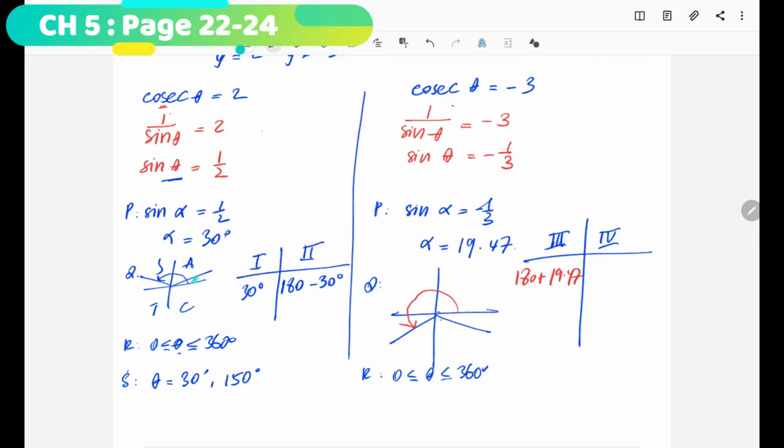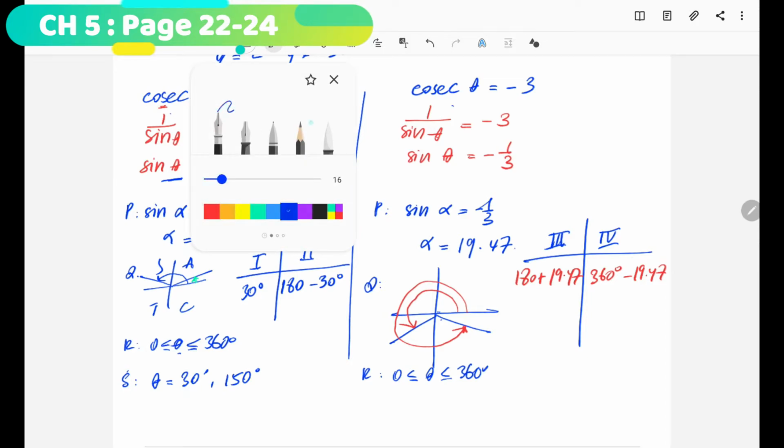For the fourth quadrant, pusing sampai sini. Okay. So what happened there is 360 degrees minus 19.47. Okay, it's always the same. Kalau kita pergi pada kuadran keempat, kita akan minus the basic angle. Kuadran ketiga will plus the basic angle. Kuadran kedua kita akan minus. And kuadran pertama just ambil seperti seadanya dekat situ.